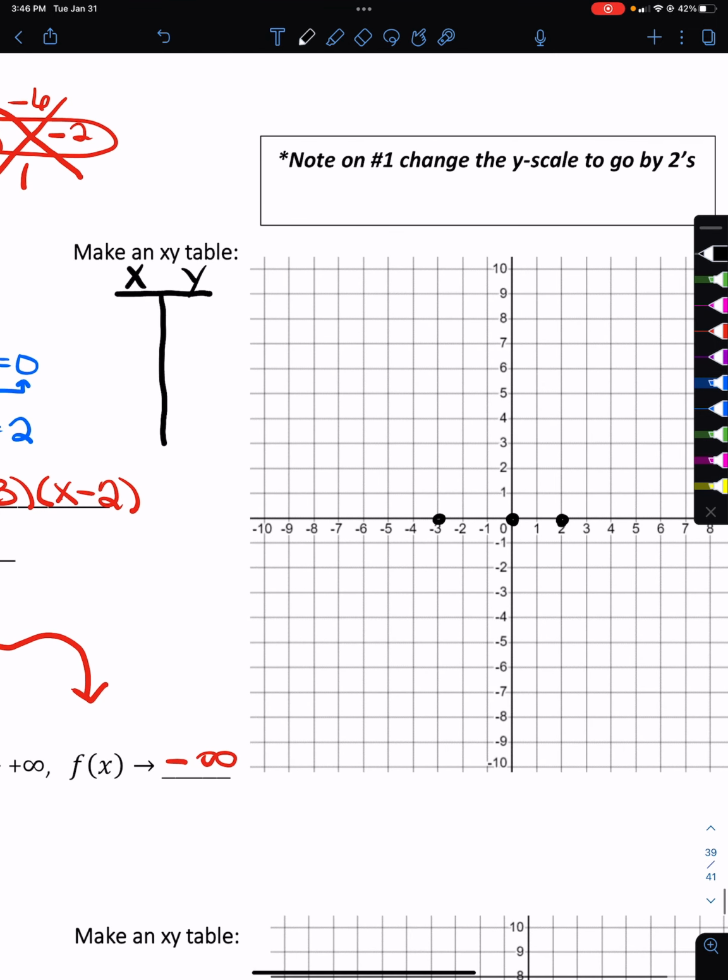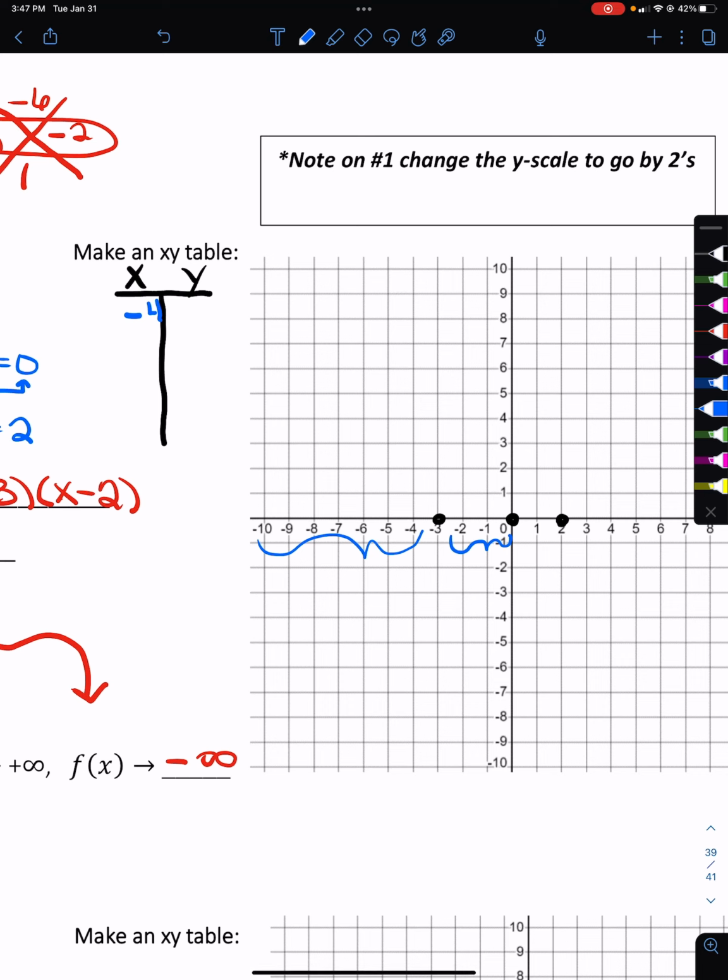Once we get to the table though, I want you guys to look at this and say, what values are close to the x-intercepts but not the x-intercepts? For example, what is a number less than negative 3? And I want it to be close to it, so I'm going to use negative 4. What value is between negative 3 and 0?